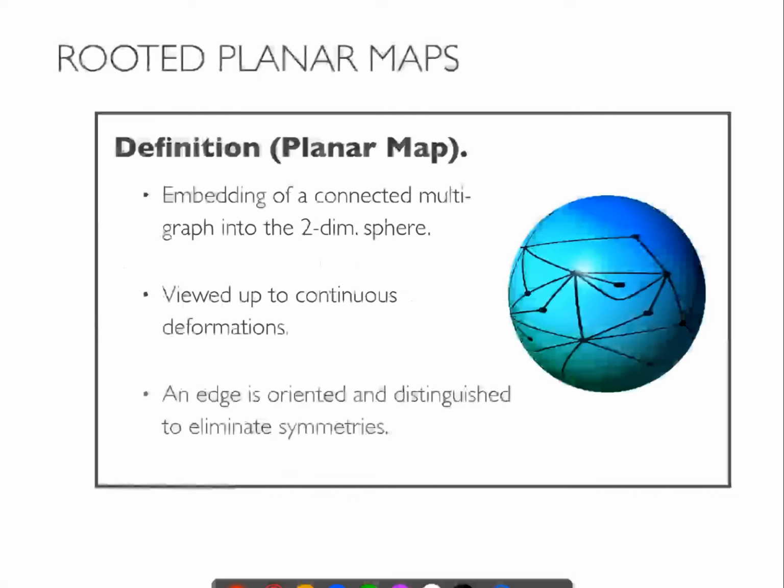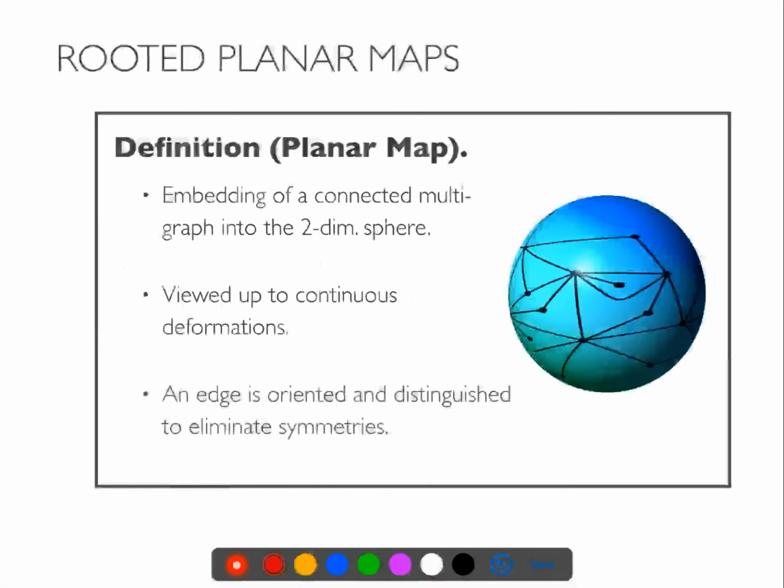Usually, we view such embeddings up to continuous deformations. That is, two embeddings are equivalent if one may be obtained from the other by applying an orientation-preserving homeomorphism of the sphere. In order to eliminate symmetries, typically we distinguish an edge and give it an orientation, like this.